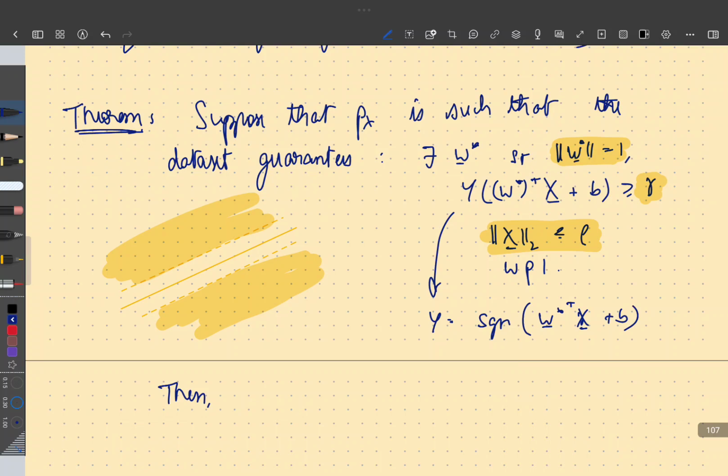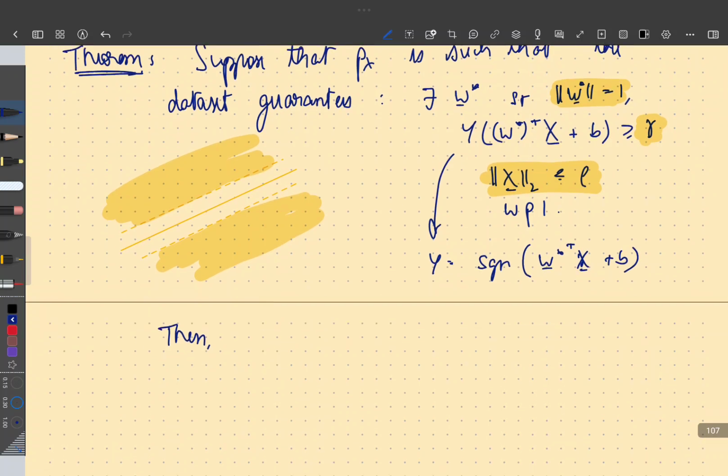Okay, this is the ground truth classifier. And in particular, the ground truth classifier has W with unit norm. So again, I'm not allowed to scale W arbitrarily. These are just sort of sanity checks or consistency guarantees.